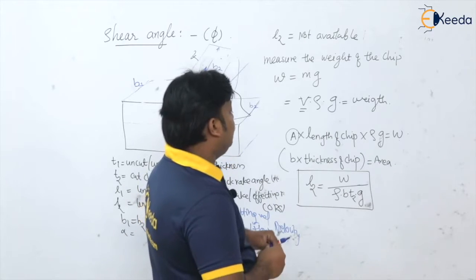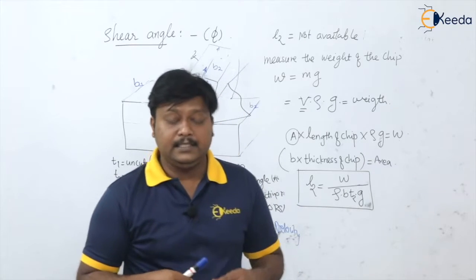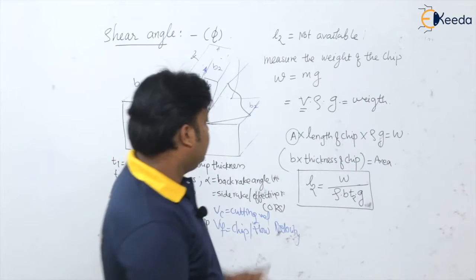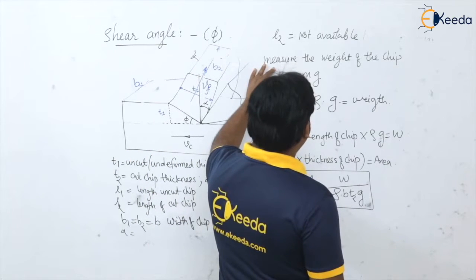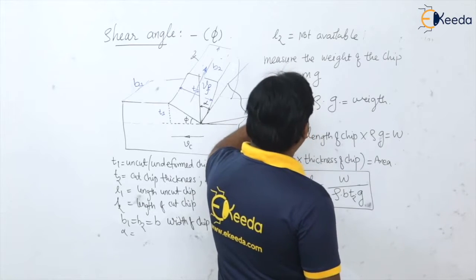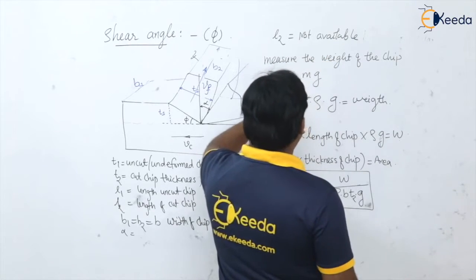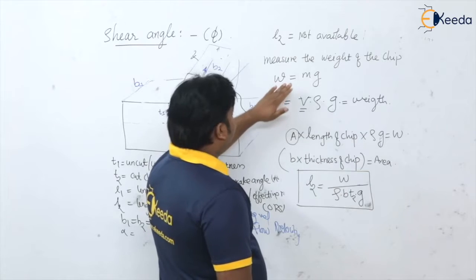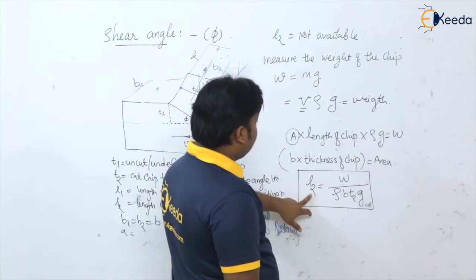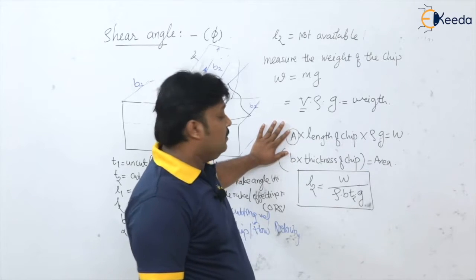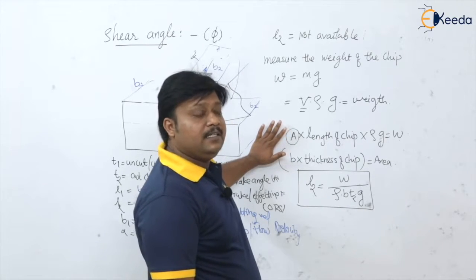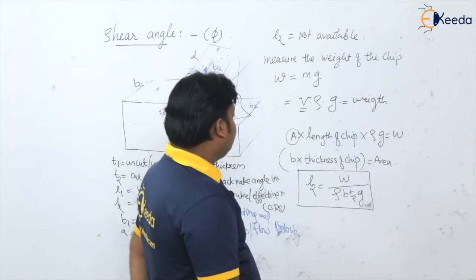So we are able to calculate the length of the cut chip also, if you just measure the weight of the chip which is produced. From that you can find out L2, and then you can have the ratio L2 by L1 as our chip thickness ratio.